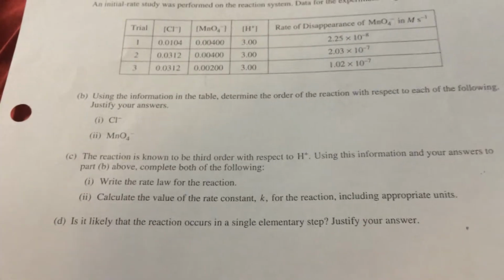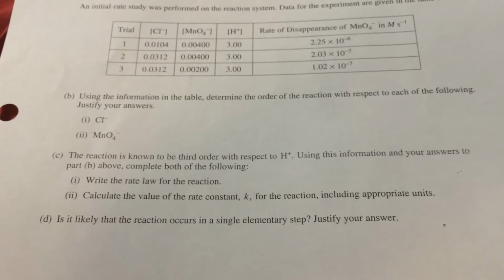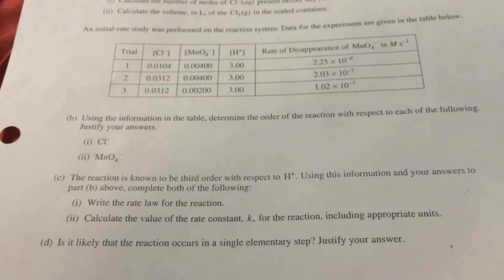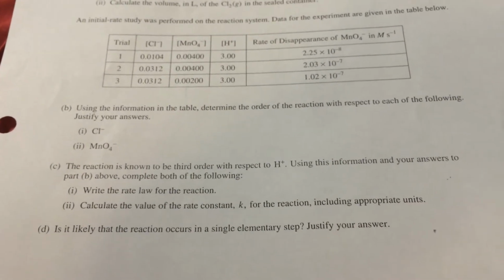Now moving on to letter C, which is also two-part. And so we know now that H⁺ is a third order reaction, so now we have to find the rate law for this.